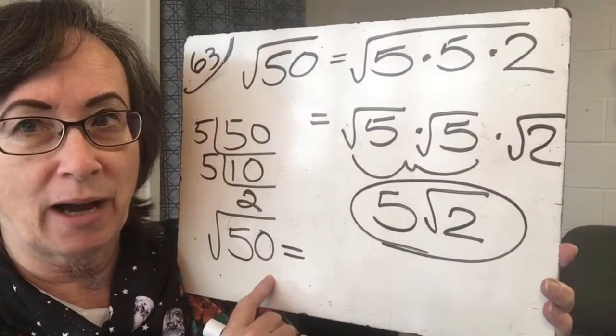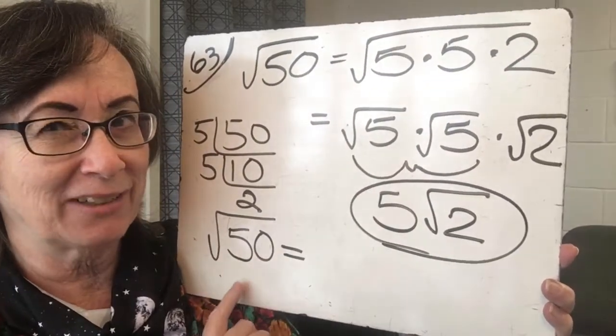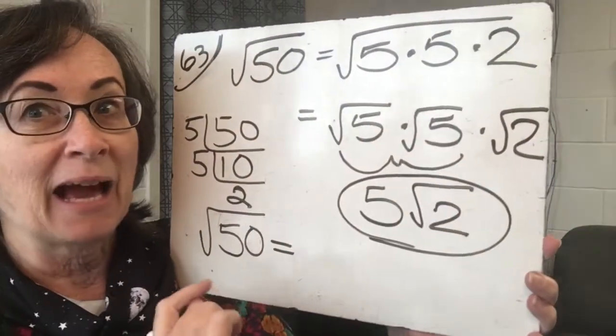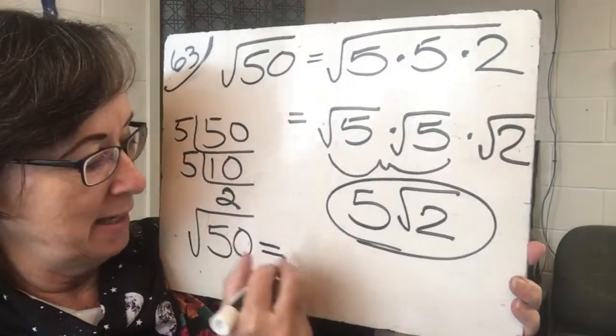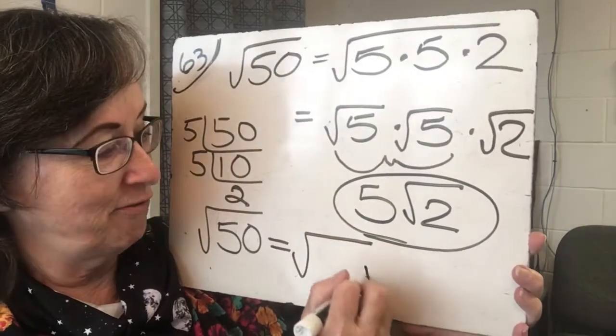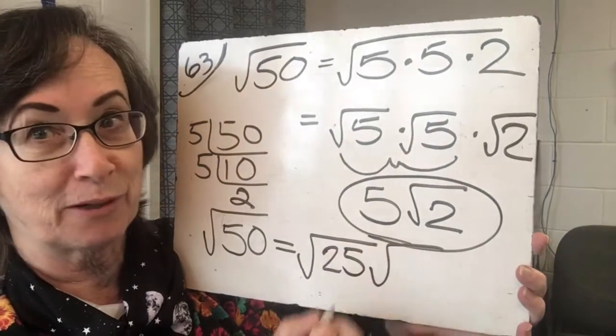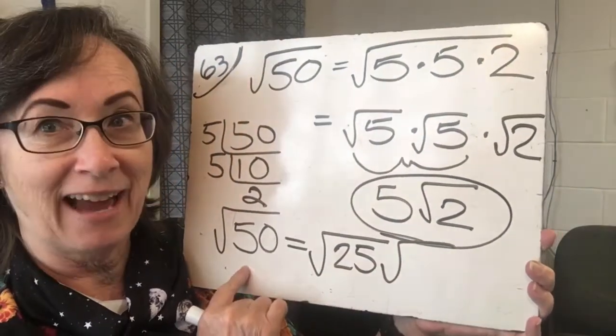This is a product. One of its factors is a perfect square. Now, I'm not talking about prime factors. I'm talking about splitting it up into its factors where one of them is a perfect square. So 25 is a perfect square, and it is a factor of 50.